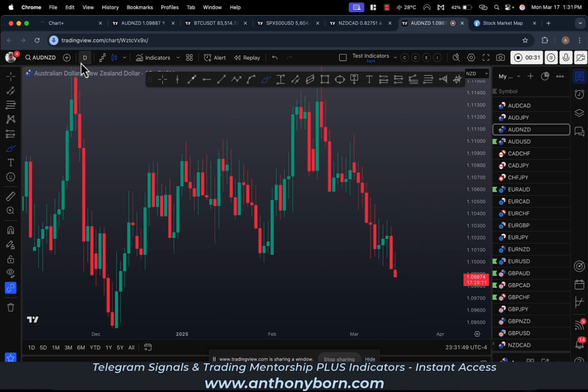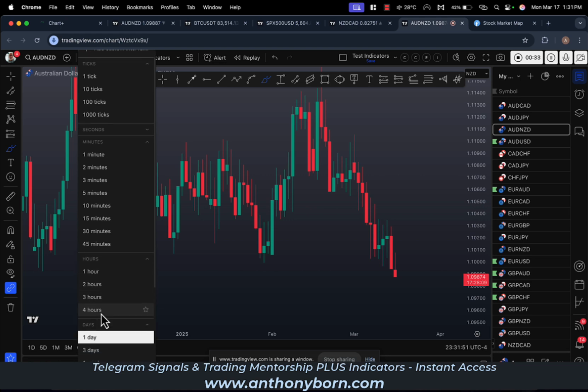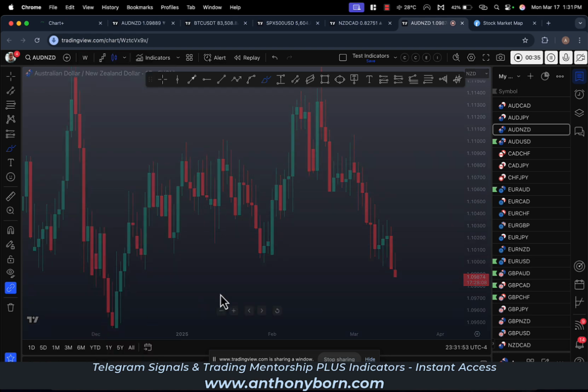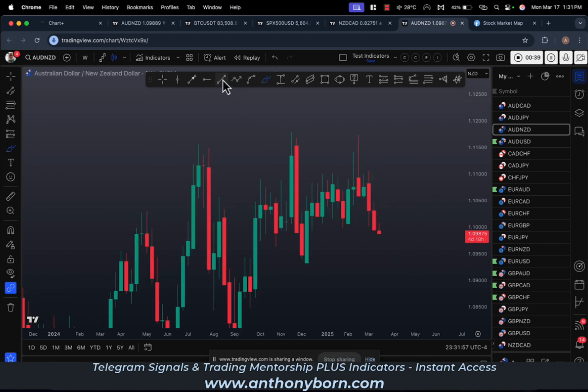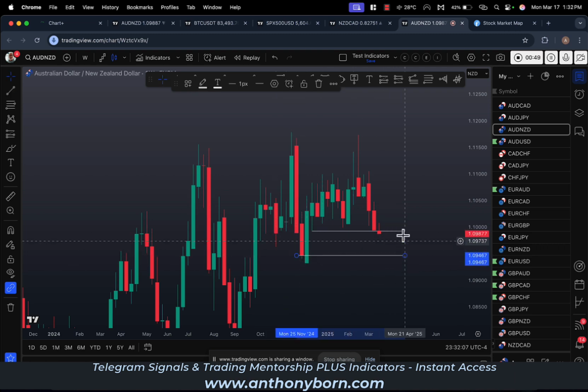My bias is definitely bearish, but I just want to get a bit of a higher time frame perspective, looking for targets. There's a target on the weekly, and that would be another target potentially if this continues down on the weekly time frame.